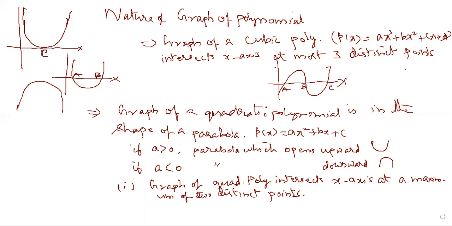Okay. Now we have the relation between zeros and coefficients of a polynomial.